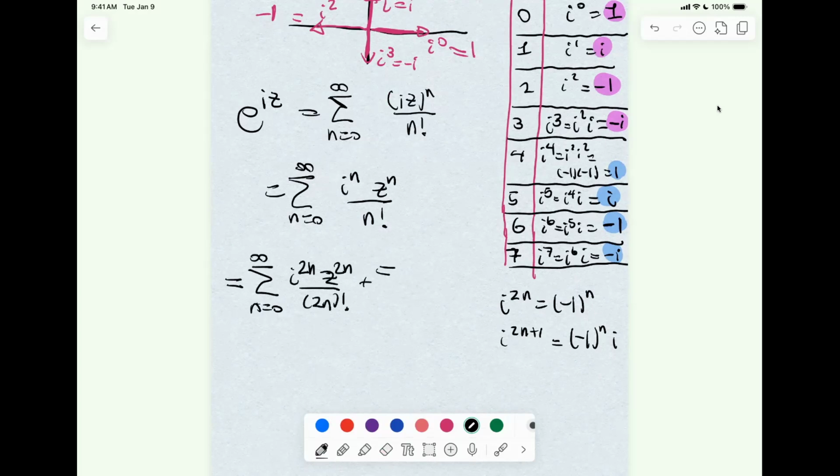So these are the even part, and this is the odd part. If you look at it, it will run down through exactly the same terms that I had there, because this will account for all the even powers and this will account for all the odd powers of the previous series.